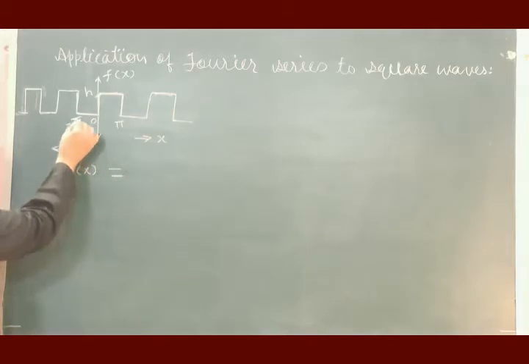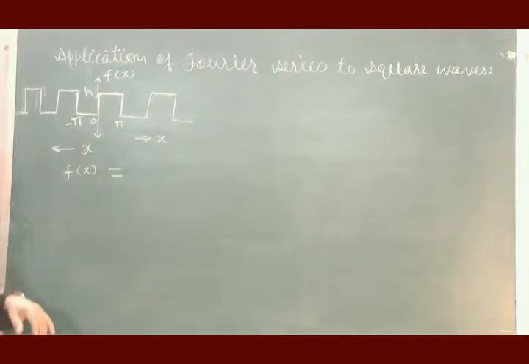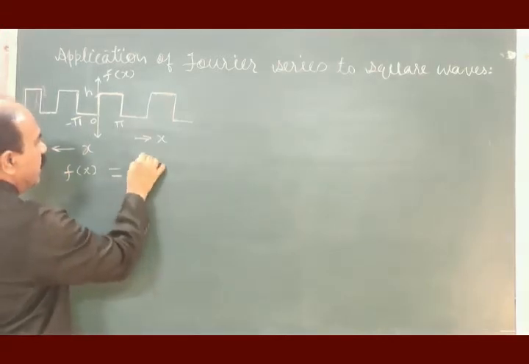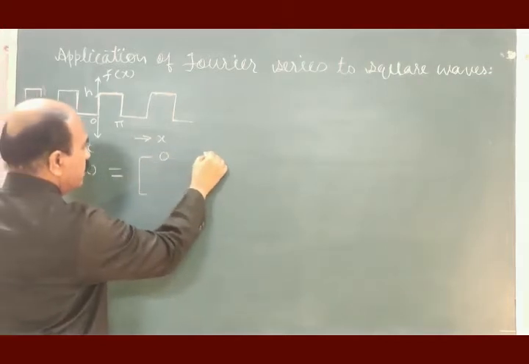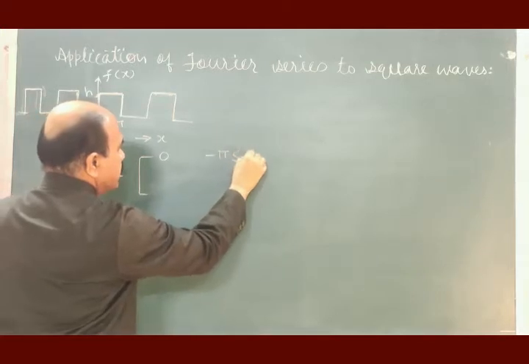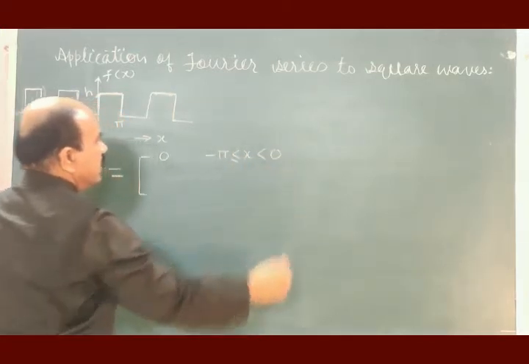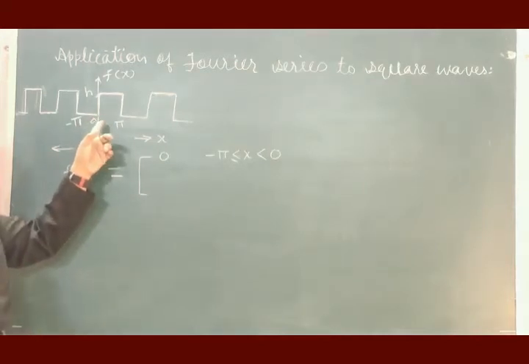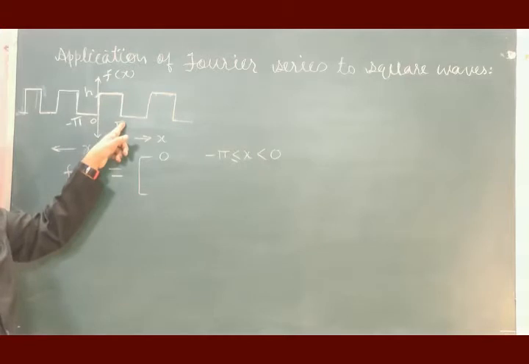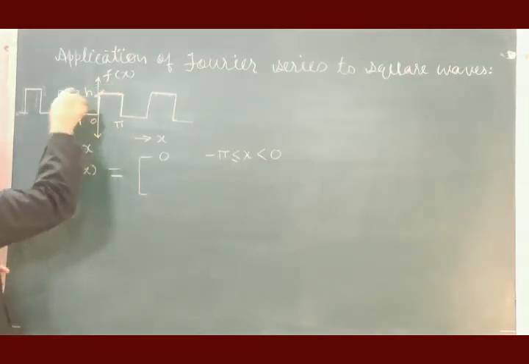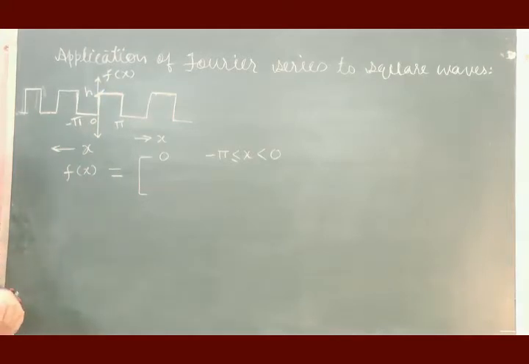what is value of f of x from minus pi to 0? It is 0 for minus pi less than equal to x less than 0. Now, what is value of this square wave from 0 to pi? This height. Let us consider this height as h.